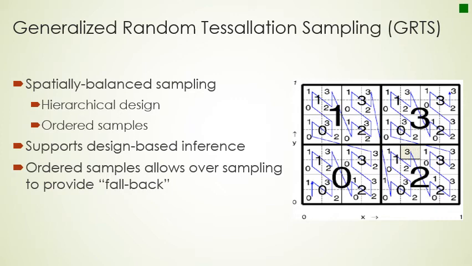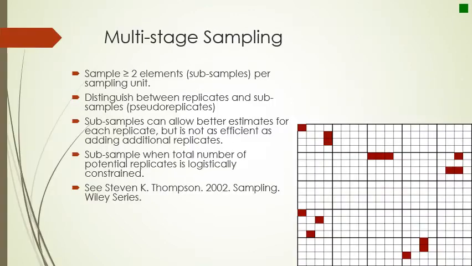It's great for large landscape scale studies where you want to cover as much of the region as you can. You want to maintain that spatial balance across the region and be able to make inferences to the entire area. A lot of large scale programs are starting to use this now.